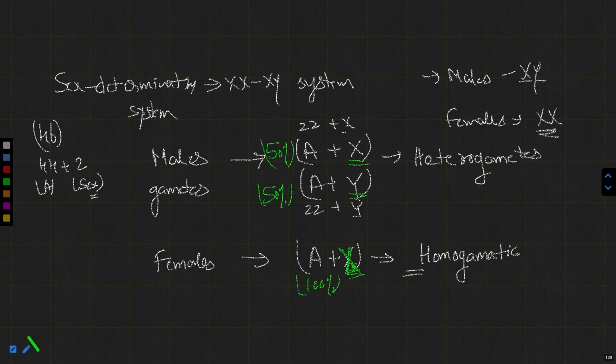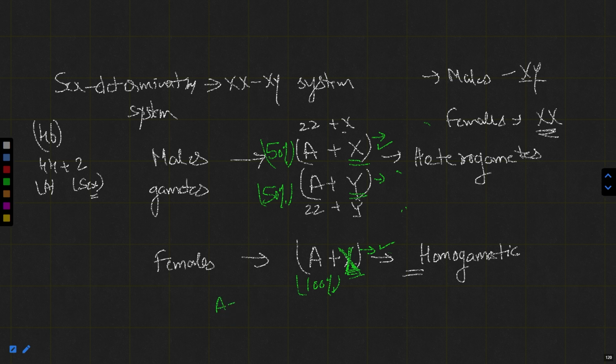Now, what happens if there is fertilization between these gametes? We can write it like this, without giving names. If this gamete fuses with this gamete, then what will be produced?